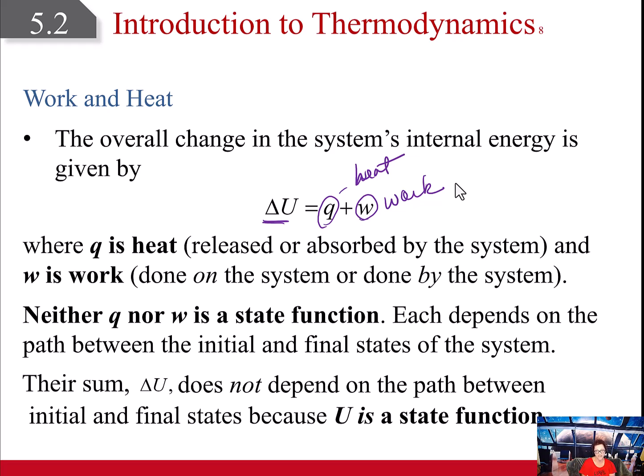And then of course heat, it's easier to see because you're either increasing the temperature or decreasing the temperature. Neither of these is a state function, and as I said, we don't talk about state functions a whole lot, but just the fact that the energy is a state function. So there's no dependence on the path as to how you get from one to another.